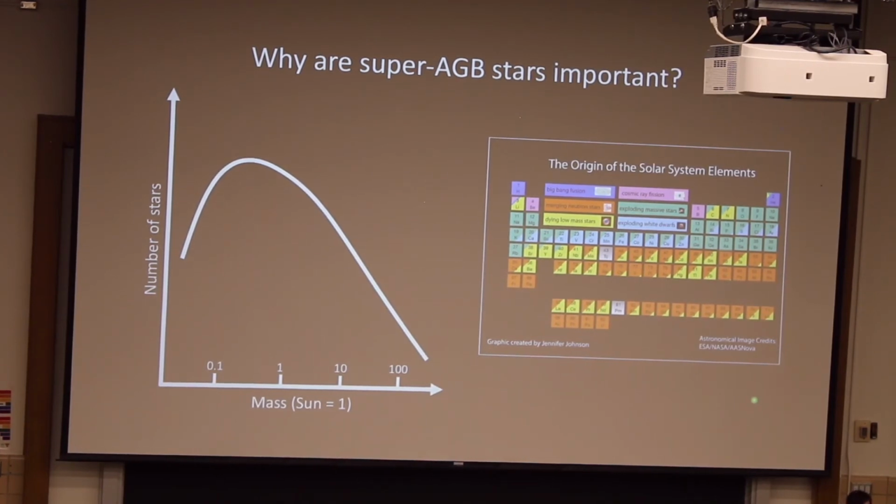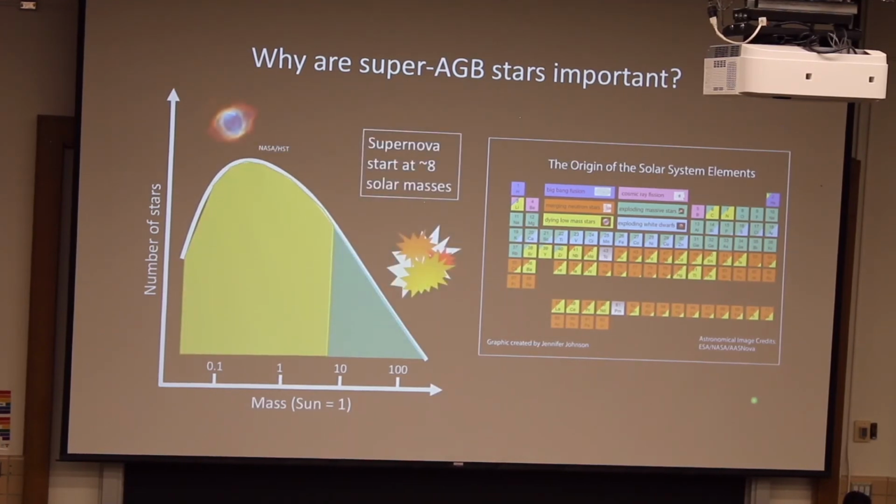And this is where super AGB stars are important because we don't know where the switch-off point is between low and high mass stellar evolution. So finding a population of these stars, and there was one candidate before I finished my research, and with the, I'd say 7 or 8 that I'm really sure are super AGBs, that is now a population that can be studied and compared to theory. But if you think that supernovae start at 8 solar masses, then you have the yellow elements on the left and the green elements on the right that are created.